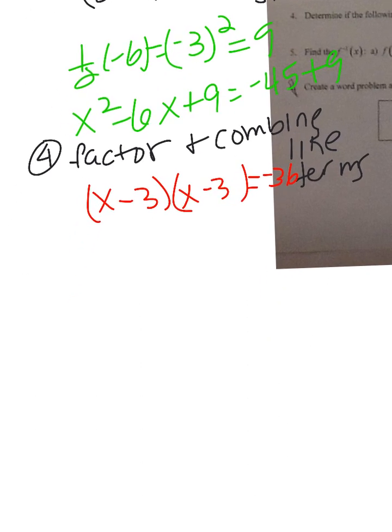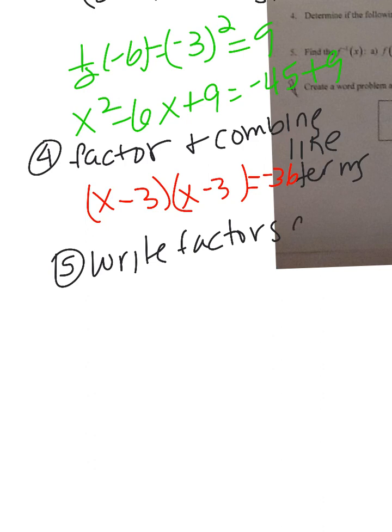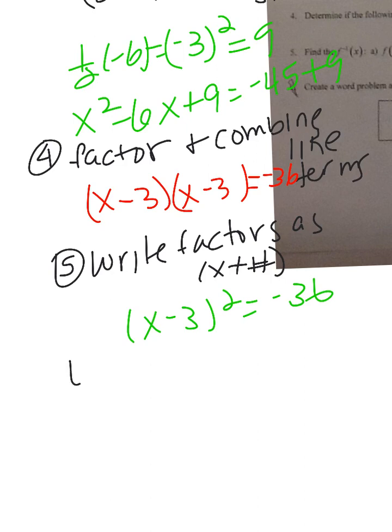Okay, so now step 5 would be to write your factors as x plus your number squared. So that would be x minus 3 squared equals negative 36. Step 6 would be square root both sides.